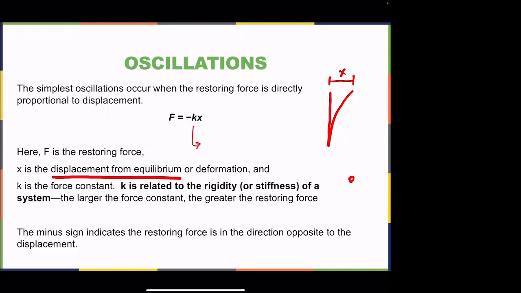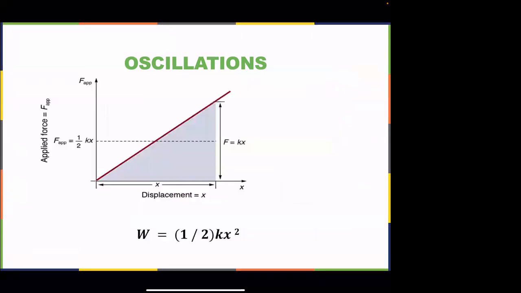And the negative just tells you that it's a restoring force, that the force applied is opposite the force that you pulled away with. So the force is always going to be bringing it back to equilibrium. Again, this is from Hooke's law. We already went over this formula when we went over springs. Work equals 1/2 kx squared. That's the work done in restoring the spring or the oscillating object.